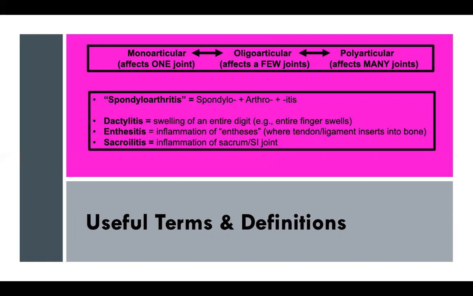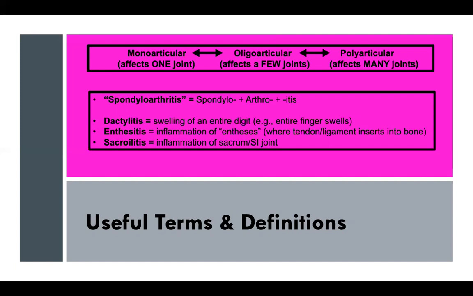If you think of spondylosis, spondylolisthesis, spondylitis, those are all terms referring to spinal pathology. Arthro is going to refer to a joint, from the Greek arthron. And then itis refers to inflammation, so inflammation of a spinal joint. So the spondyloarthritis or spondyloarthropathies are going to have that as part of their presentation.